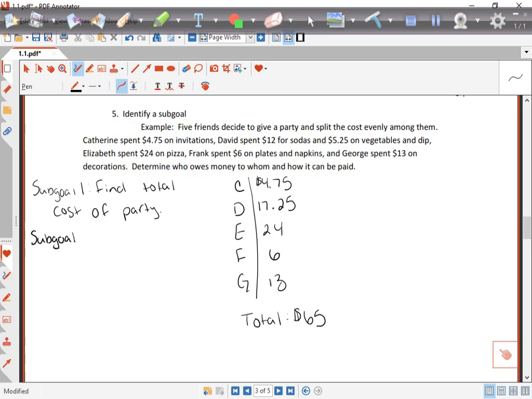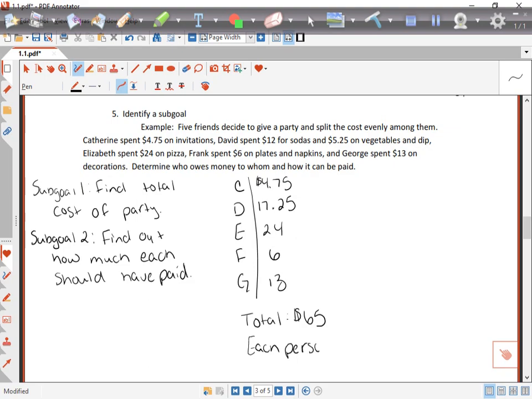Sub goal 2 would be to find out how much each should have paid. What I mean by that is, there's a total of 65.